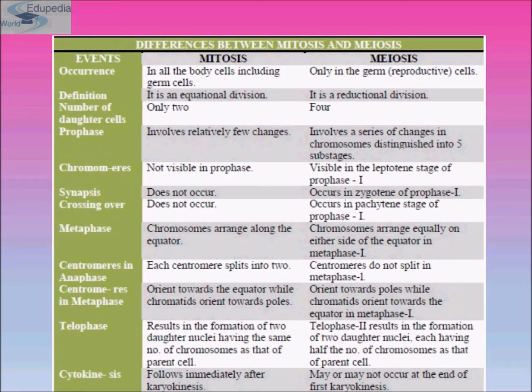In meiosis, telophase second results in the formation of 2 daughter nuclei each having half the number of chromosomes as the parent cell. Cytokinesis follows immediately after karyokinesis in mitosis, whereas in meiosis it may or may not occur at the end of the first karyokinesis. I hope it's clear to all of you.